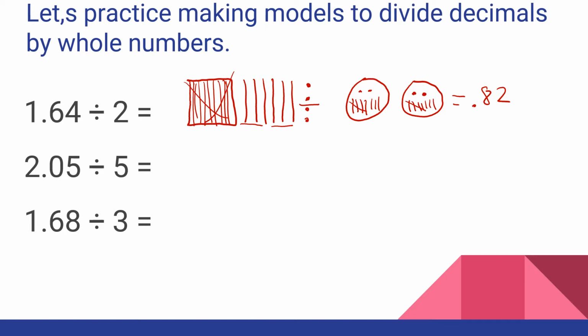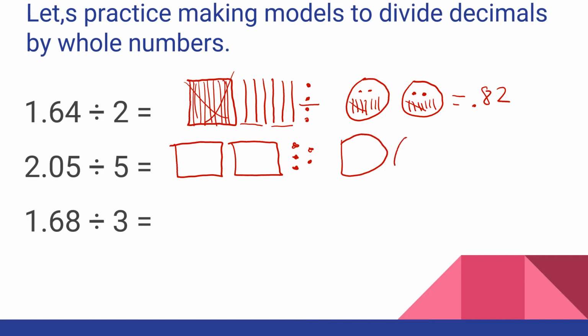The next one is 2 whole and 5 hundredths, so 1 whole, 2 whole, and 1, 2, 3, 4, 5, divided by 5 groups. Well, the easiest thing here is the 5, so 1, 2, 3, 4, 5.